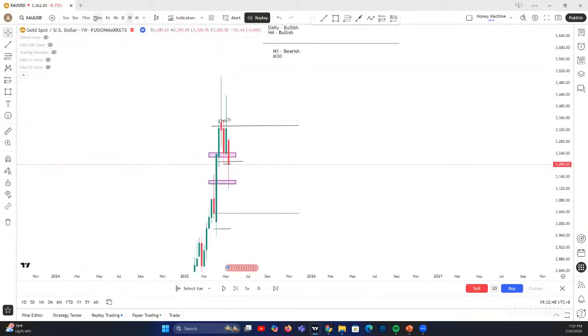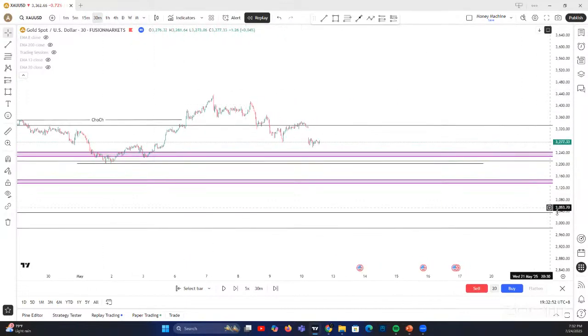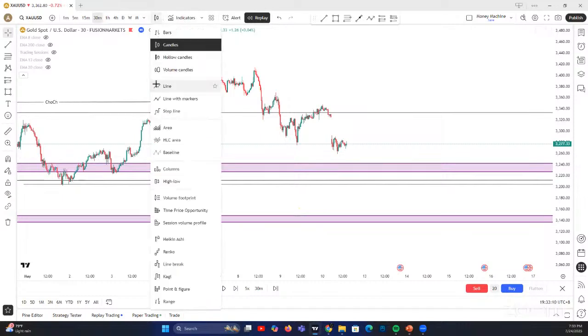Okay. Now, M30, bearish or bullish? Bearish. Very good. See? BOS, BOS, BOS. Now this lower low, it made another lower low here. So it's completely bearish. Go to line chart.